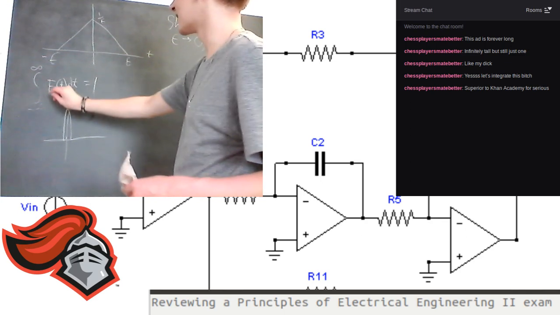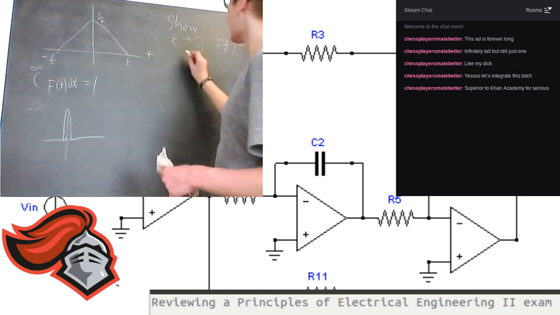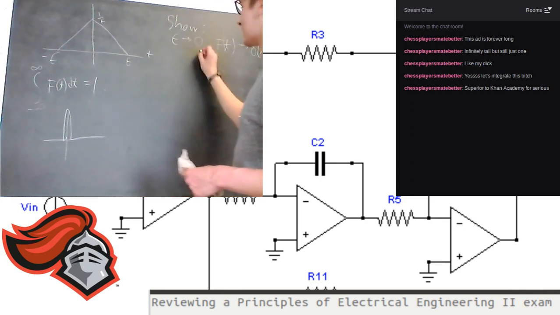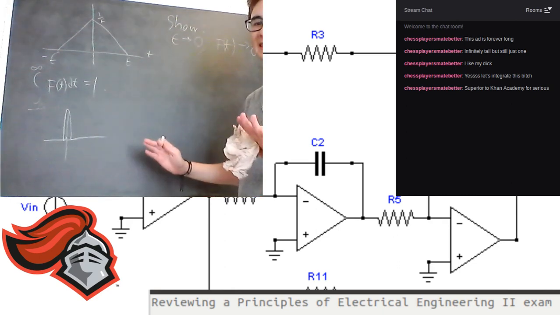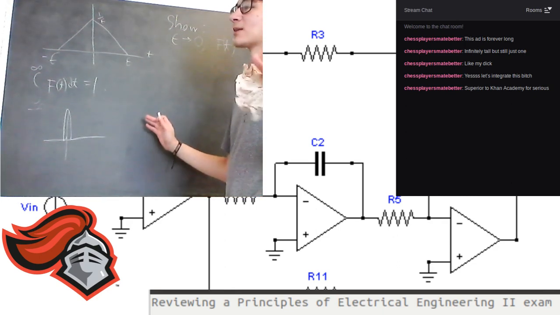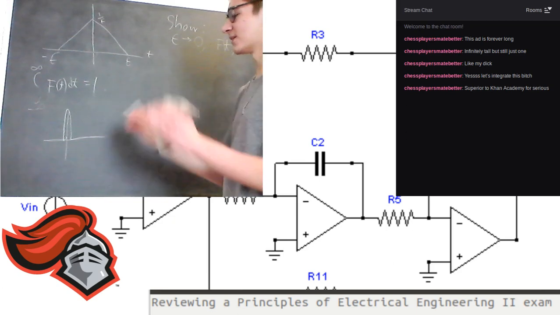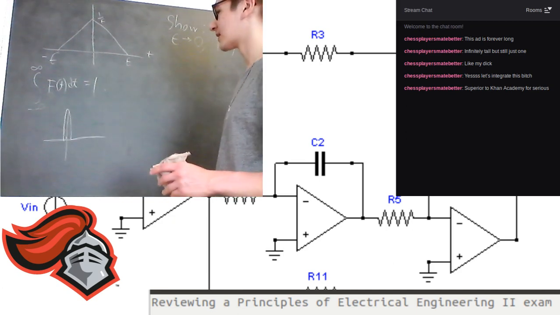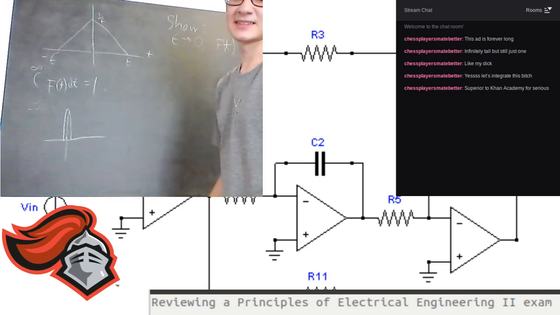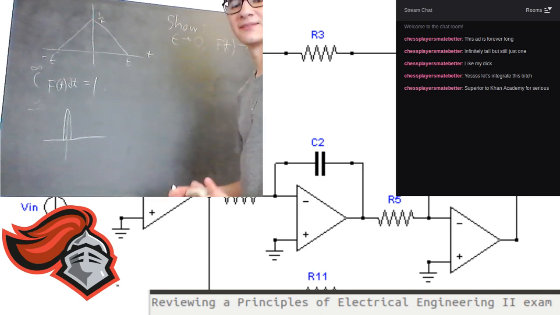By showing that this integrates to 1, and that as epsilon approaches 0 the width sort of goes to 0, then we've shown that this is a delta function. That's kind of all I did for this exam question.